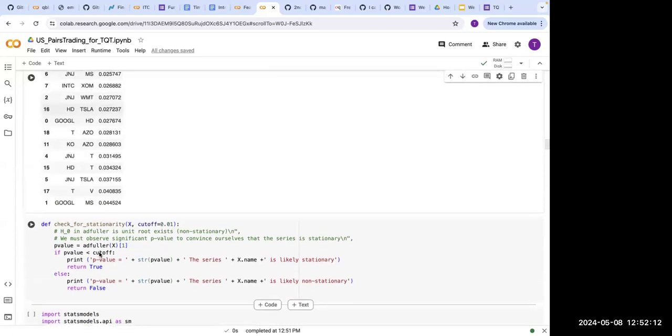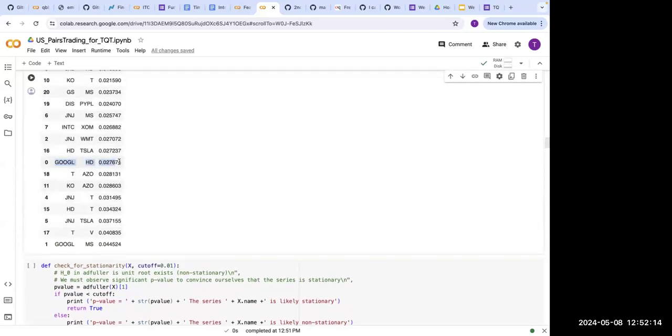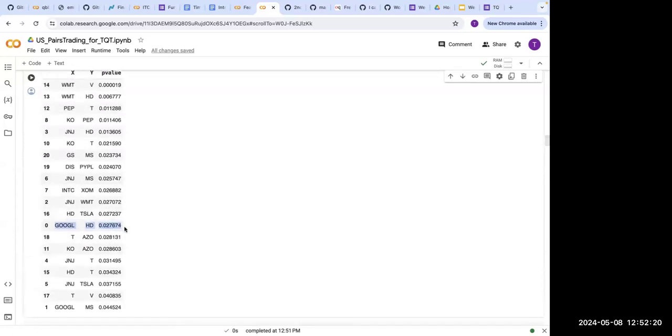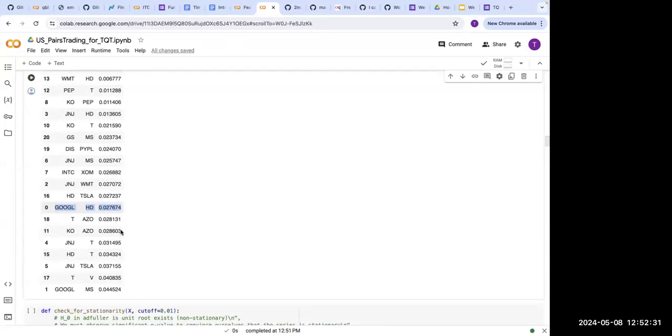One example is Google and Home Depot. Probably they are not too much into the same products, but still they have a co-integration value which is much less than 0.05. That means their stock movements are governed by the same dynamics, but not by the same products.